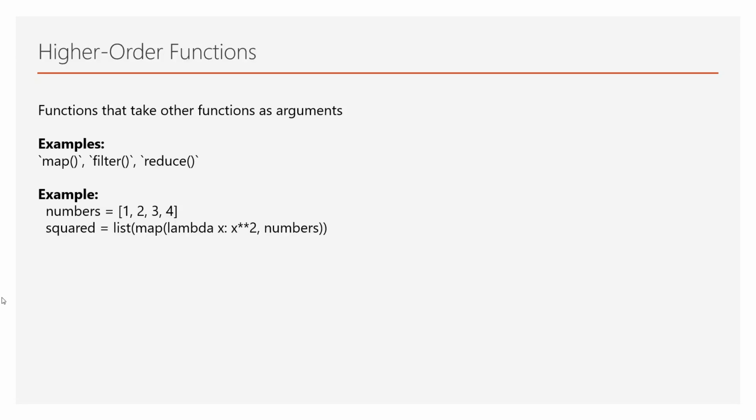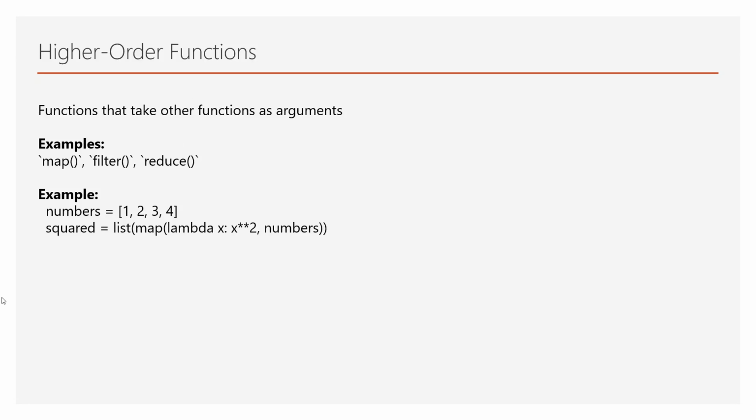Next, Python supports higher order functions. What do you mean by that? Functions can take functions as arguments. For example, we have the map function, filter, and reduce. The map function applies a function to all the elements in the list. Filter filters the elements based on a condition.